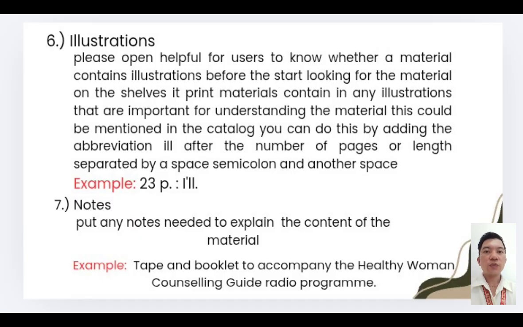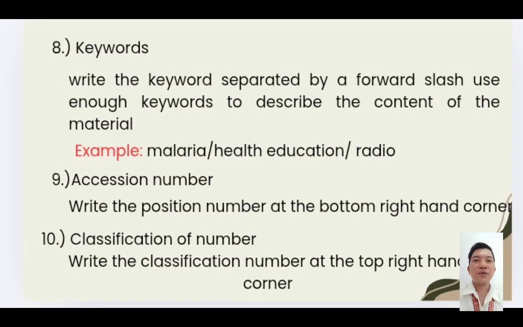Number 7, notes. Put any notes needed to explain the content of the material. For example, tape and booklet to accompany the Healthy Woman Counseling Guide radio program. Then keywords. Write the keywords separated by a forward slash. Use enough keywords to describe the content of the material. For example, malaria / health education / radio.